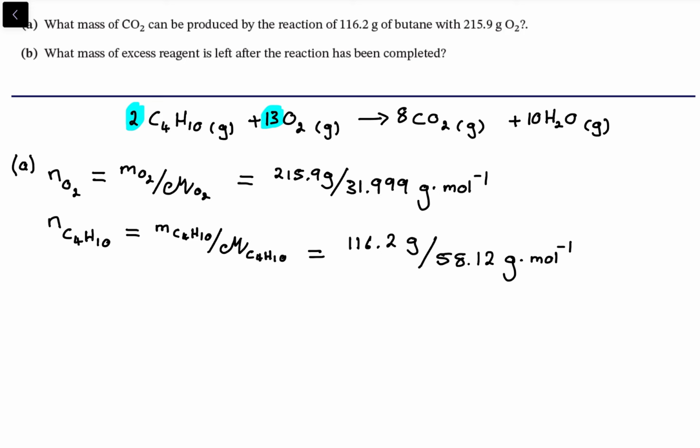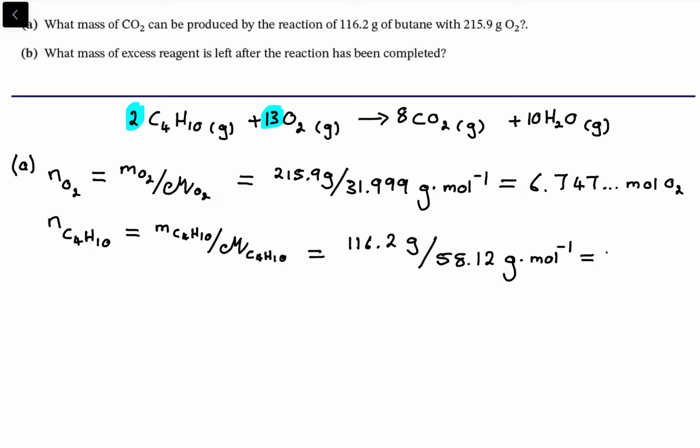So that gives us an idea of what we at least need. So at least 1 mole of butane would need at least 6.5 mole of oxygen. We can start thinking about this depending on what numbers we get here. So we see we get 6.747 mole of oxygen.